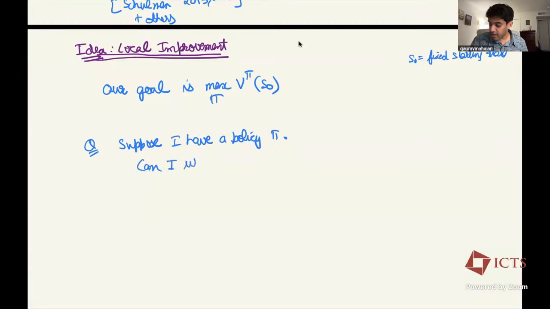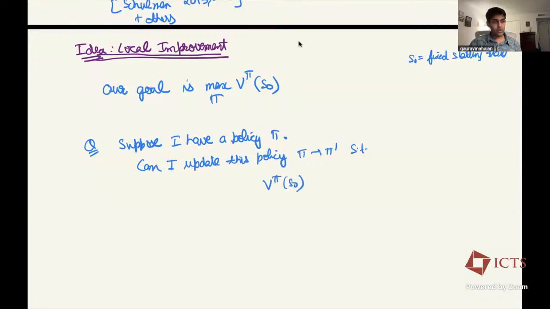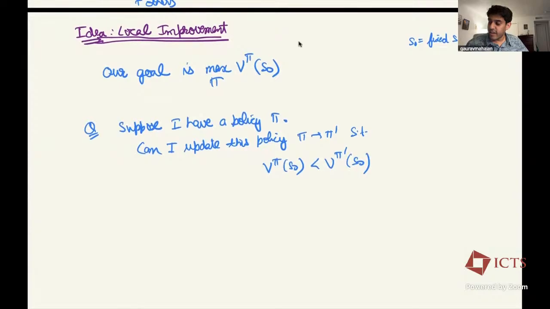Can I update this policy from pi to pi prime such that v pi prime of S0 is strictly better than v pi of S0? I don't want to make it optimal, I just want to improve the value. How can I do that? There is actually a very simple solution to this.